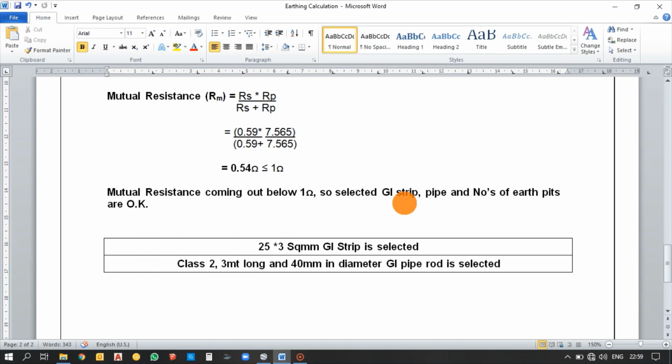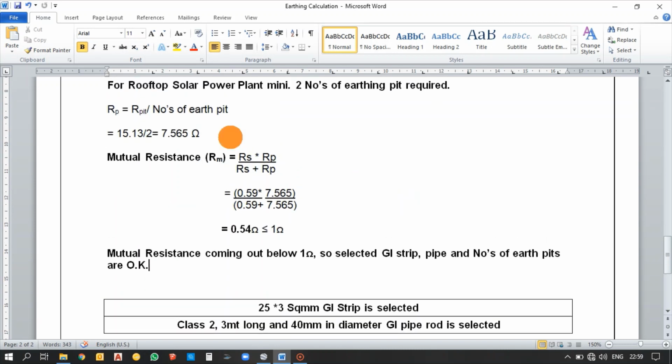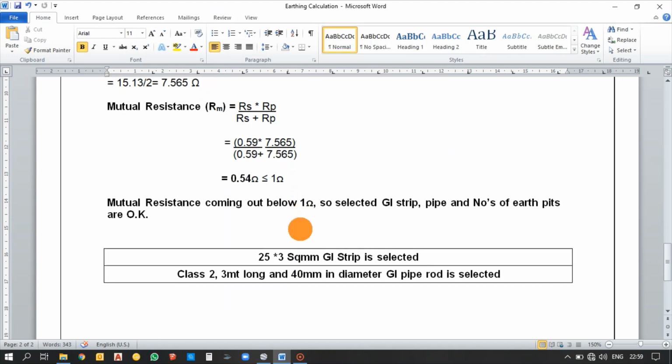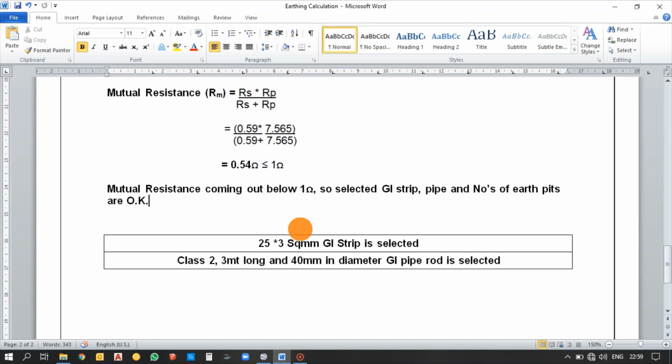If the resistance is above 1 ohm, we have to increase the number of earth pits, which will gradually decrease the mutual resistance. In this way you can achieve an overall resistance of less than 1 ohm.